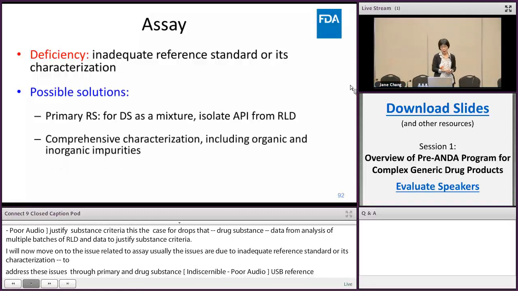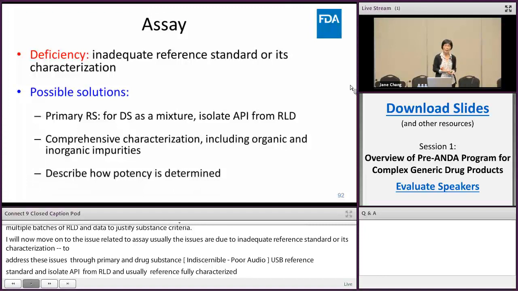And usually, the primary reference standard needs to be fully characterized using a full battery of tests. Usually, the tests are beyond the typical release testing. In addition, information should be provided.